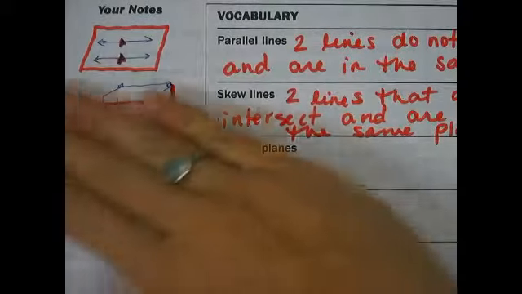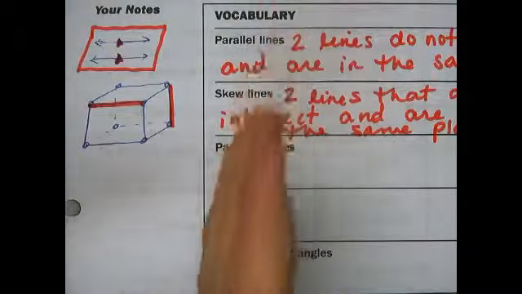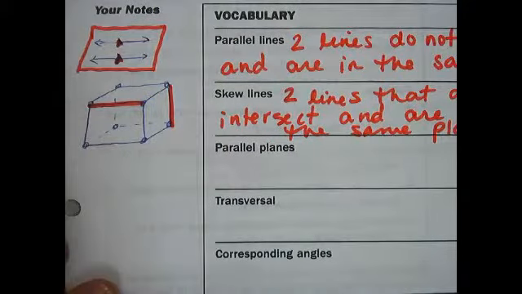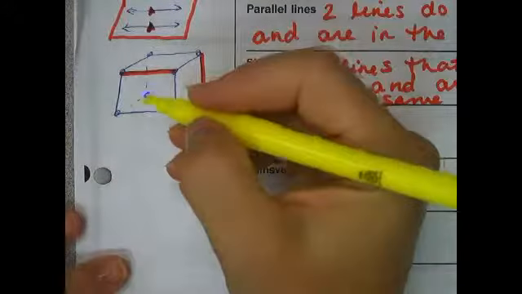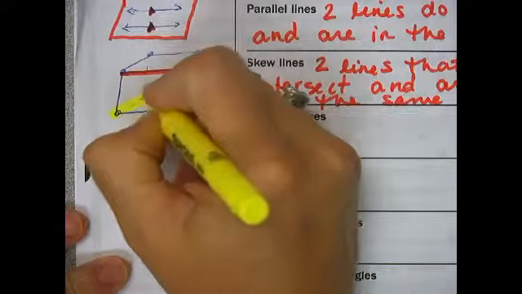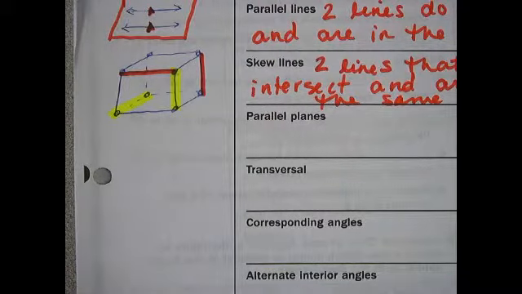They're not running parallel to each other as if they were both on this top shelf of the cube. They're running in opposite directions, but they're never going to intersect because they are on opposite planes. Two other examples of skew lines here. You could easily say this one and this one are skewed to each other.